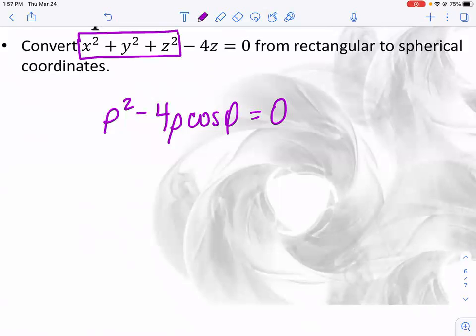Okay. So we can say that rho equals 4 cosine phi.